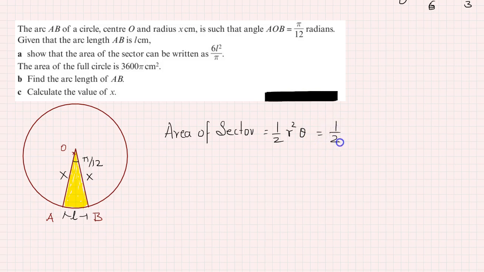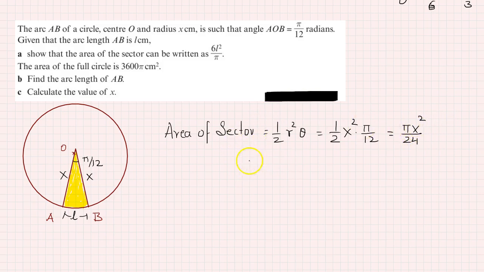So that is equal to half, r is x, so x squared, and theta is pi/12. So that is pi x squared over 24.